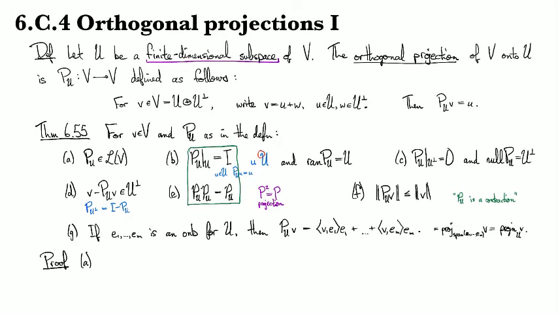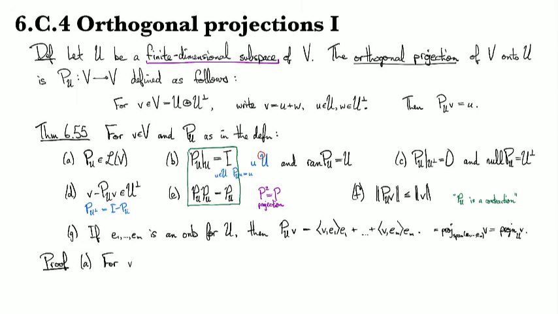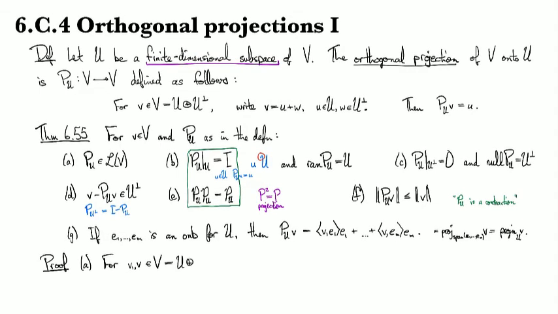So for A, if we take V1 and V2 from V, we know that V looks like U direct sum U perp.